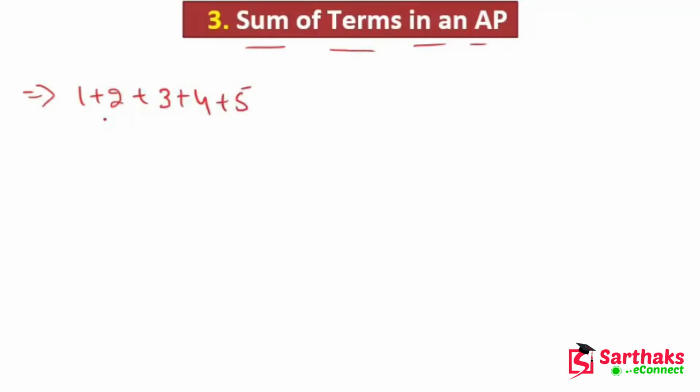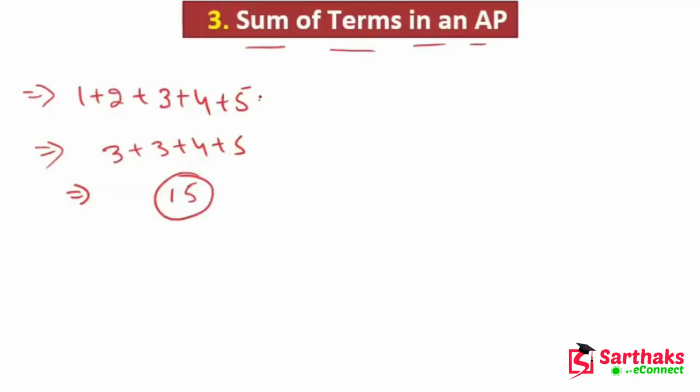If we want the sum of this AP, how can we do it? 1 plus 2 is 3, 3 plus 3 is 6, 6 plus 4 is 10, 10 plus 5 is 15. So finally our answer is 15.